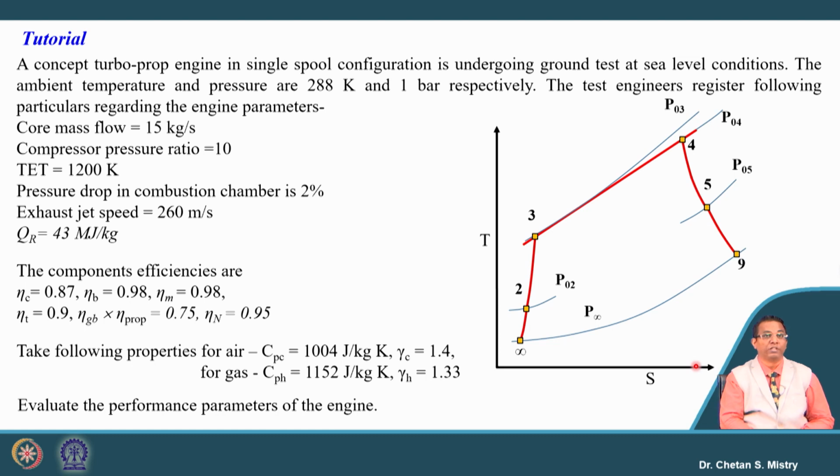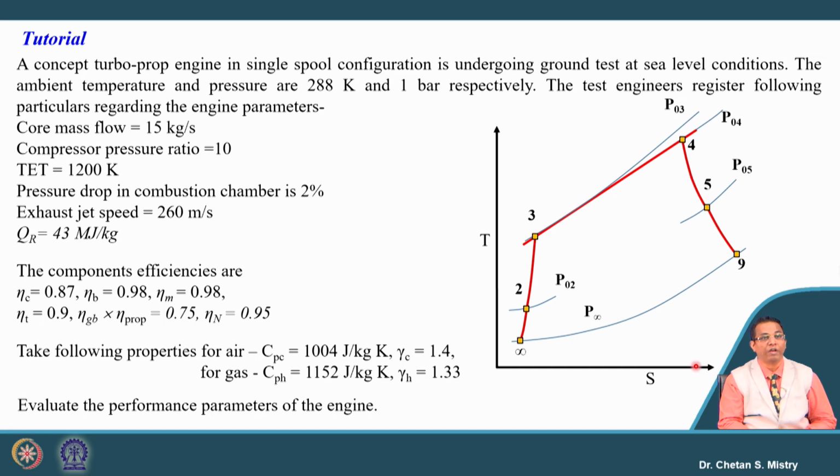Let's discuss what information we have for the single spool turboprop engine. If we look carefully, the core mass flow rate is given, the compressor pressure ratio is given, the turbine entry temperature is given, and we have the exhaust jet velocity, which is 250 meters per second.